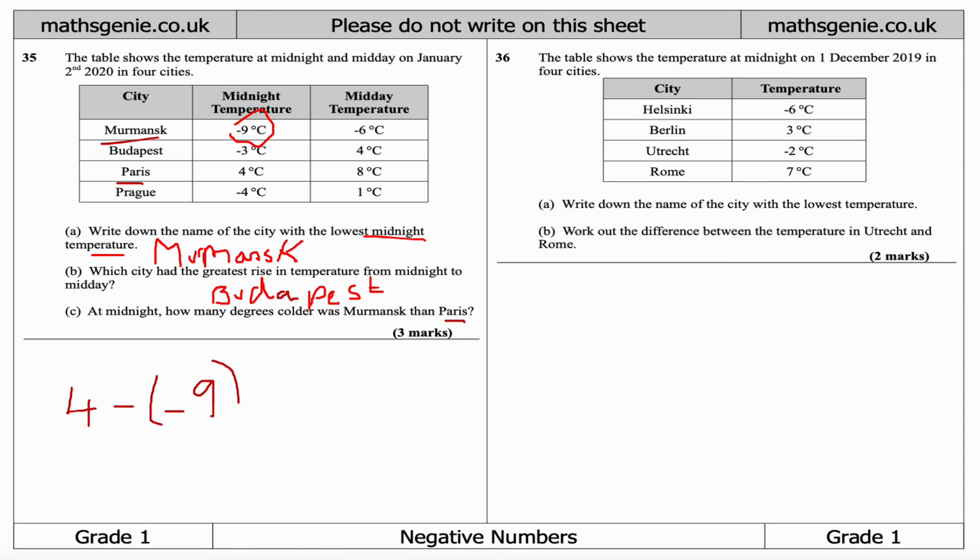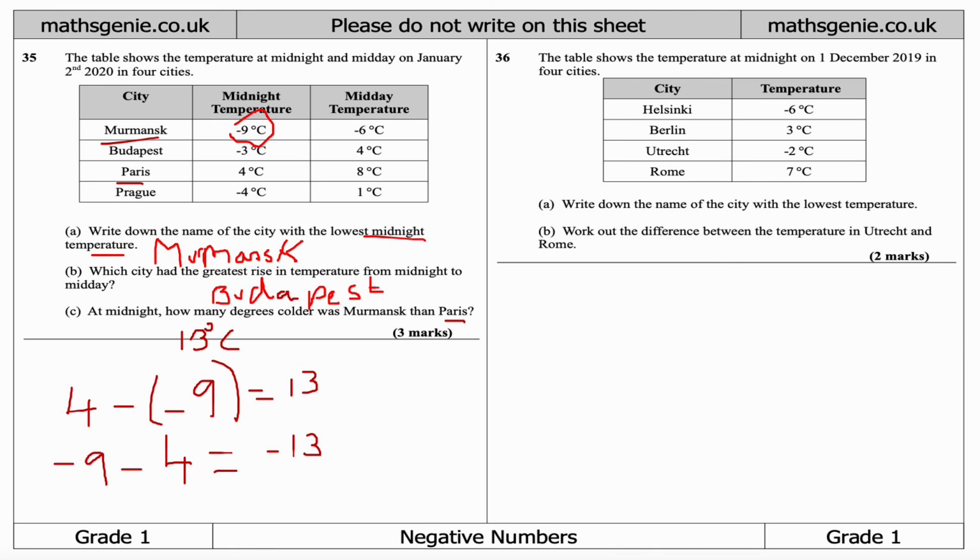Or I could do -9 take away 4, but I've got to be careful that the answer to the word difference has to be a positive number. That would give me -13, but think of the word difference as a positive number, so it's 13 degrees colder in this city than it is in Paris.